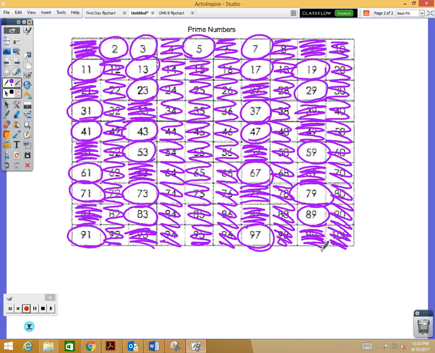Will you please make sure that you have these numbers circled? So I'm going to read them off.